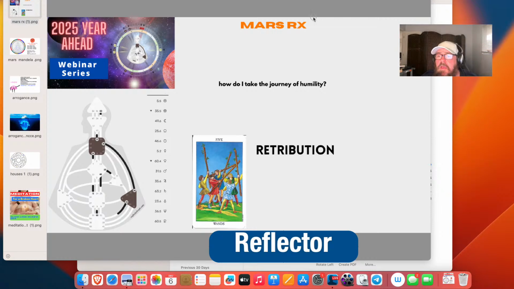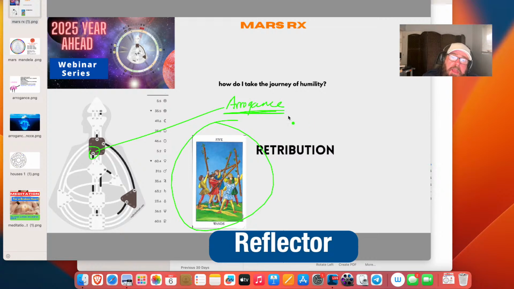This is this Five of Wands, retribution, right? So maybe you're dealing with this arrogance in your life. Somebody in your life is showing you this arrogant shadow, someone that you followed, the 31, the shadow. Remember, this is a genetic.